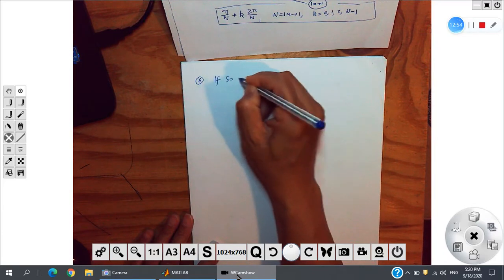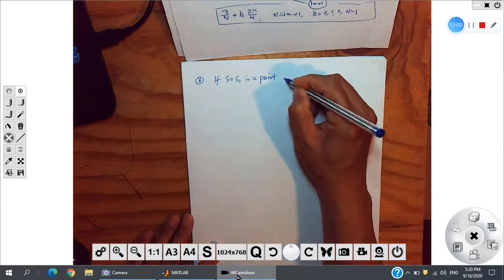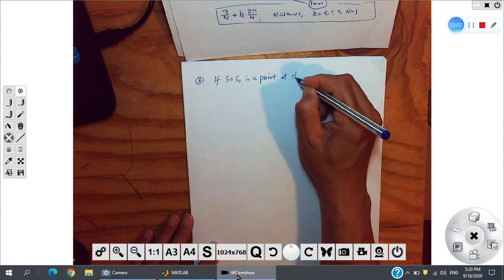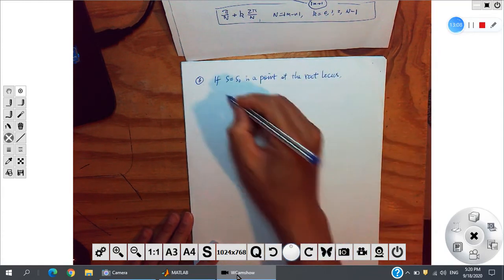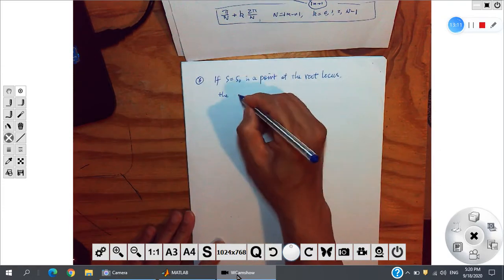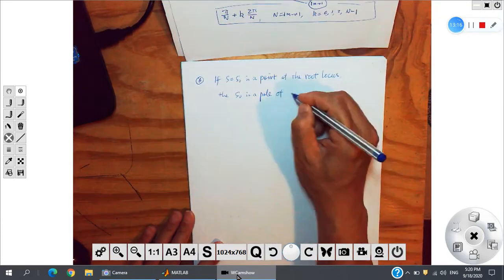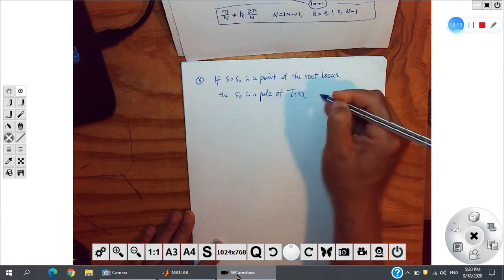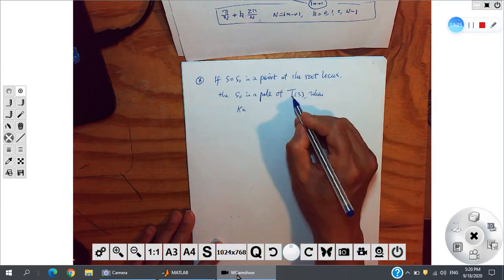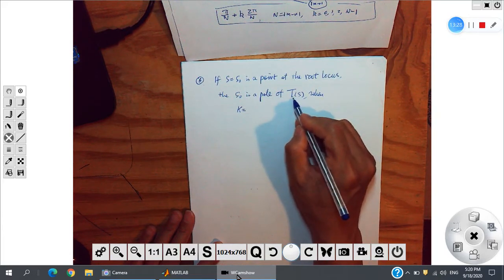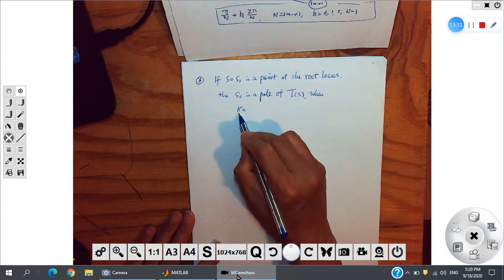The 6th one: if S equal to S0 is a point at the root locus, then S0 is a pole of T of S when K equals something. This depends on K. Different K, you can have different T of S. And for certain K, its pole will be this S0.